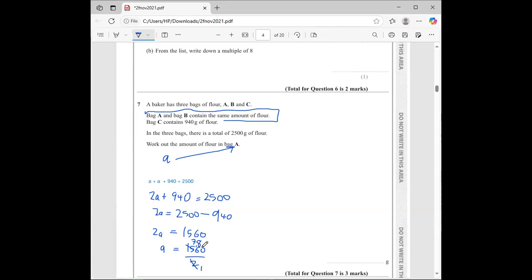And then 0 leaves us with 0. So A would be what? 780 grams. Okay. So are you good with this question? Yes. So let's move on.